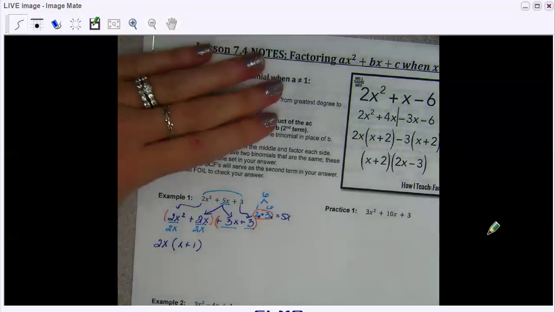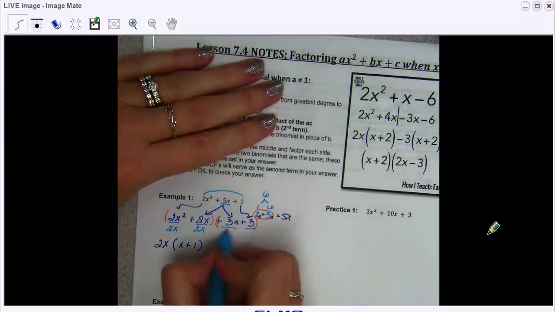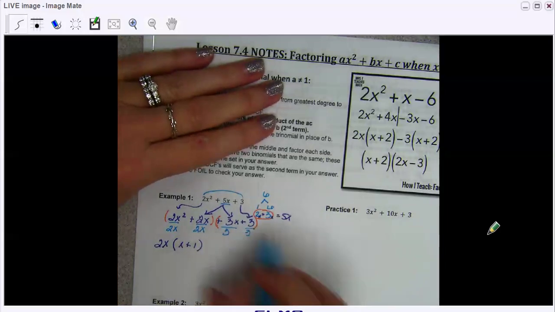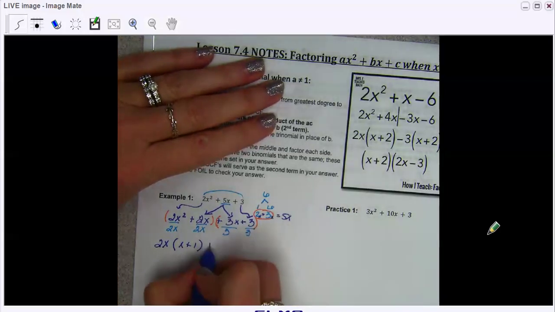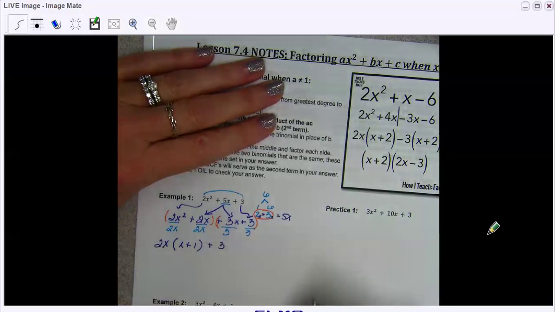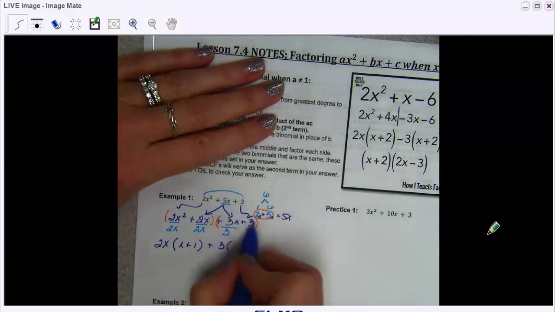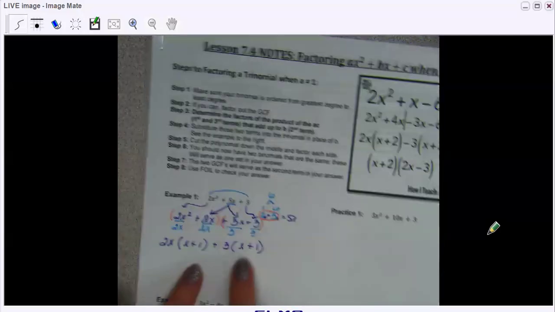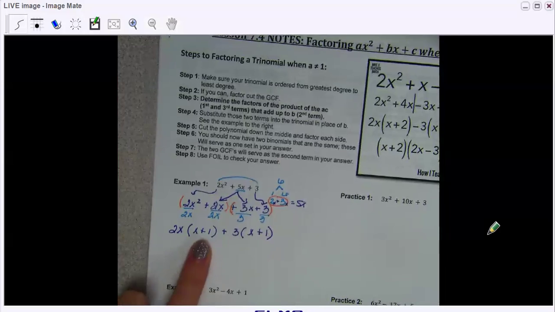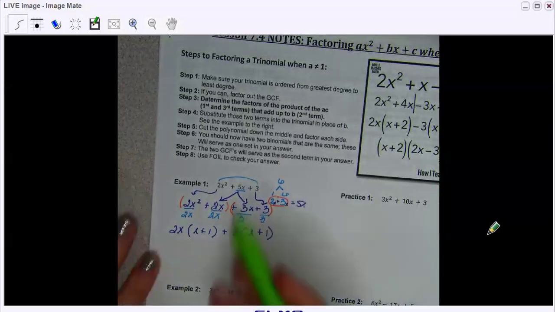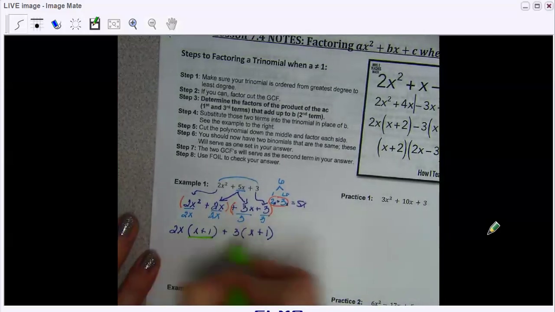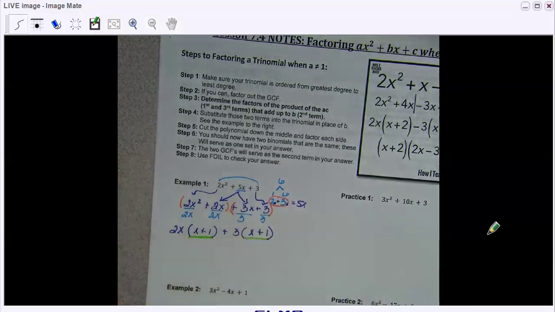Okay. When we factor out the other one, we can factor out a 3, and it is a positive 3. Okay. And when we reduce those, we get x plus 1. Now, remember, when we're factoring by grouping, you want to make sure that these 2 that we factored out are an x plus 1.